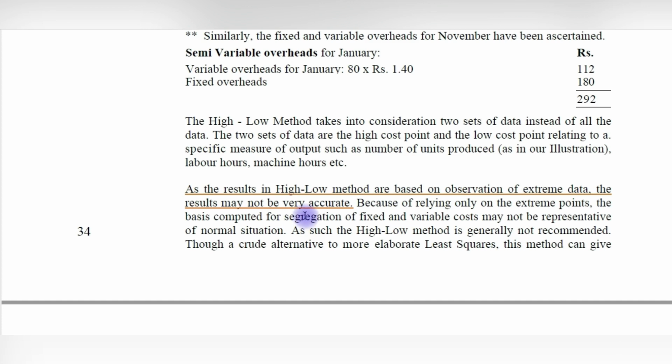This method does not give accurate results because we are taking only 2 points of data. One is the highest data and the other is the lowest data. Here we are taking production of units. We have considered only November's production of 200 units and compared it with August's production, which is 60 units only. So this does not give the appropriate figure of the variable costs.